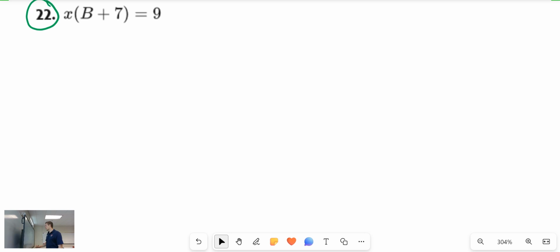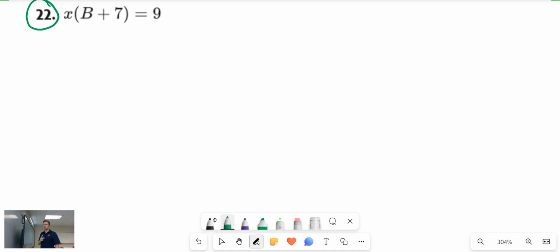Here we go. Solving for x, and now we have a capital B. Let's make a little note that the x's are going to stay on the left, and the b's and the numbers are going to be on the right. It's a little bit tricky, I suppose, but this is actually just a one-step problem.